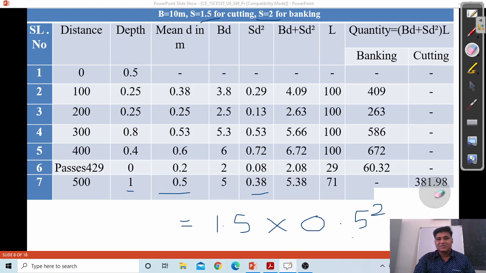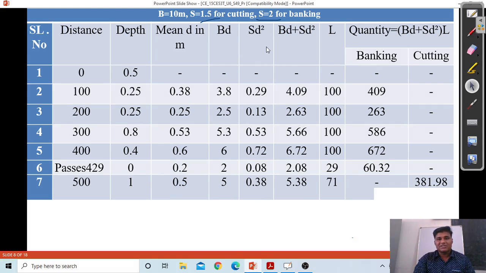Then I am going to add the BD column and this column: 3.8 plus 0.29 will give me 4.09, 2.5 plus 0.13 is 2.63, 5.3 plus 0.53 is 5.66. I am going to get BD plus SD square, and finally the total length here is 100 minus 0, that is 100.